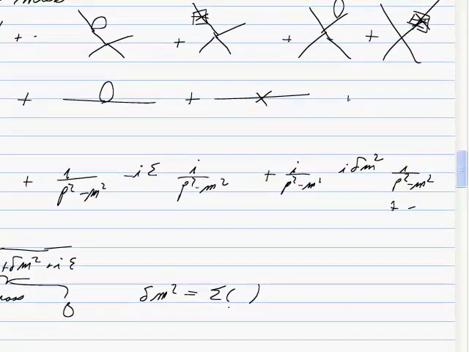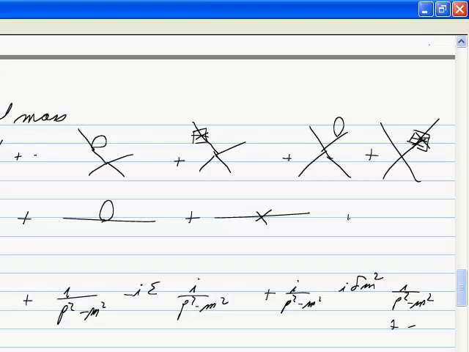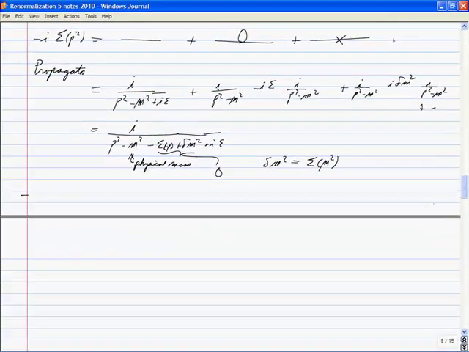Sorry. So sigma of m squared is identified there, and now my propagator is right, and all these terms cancel. So the result of this is that all predictions use the physical mass, and you drop external self-energies.